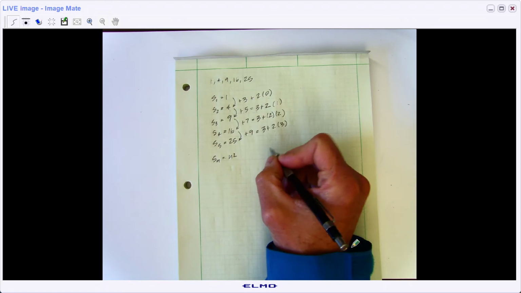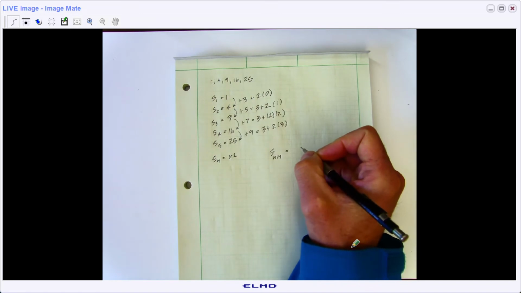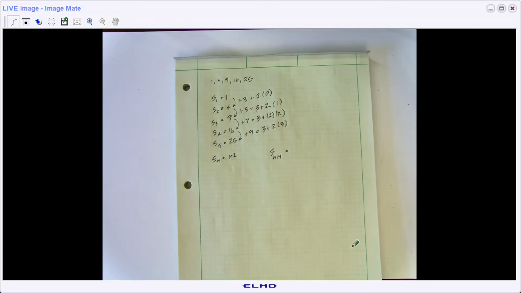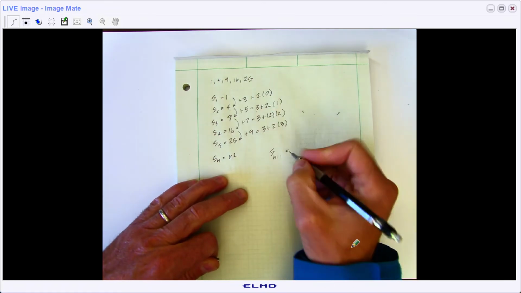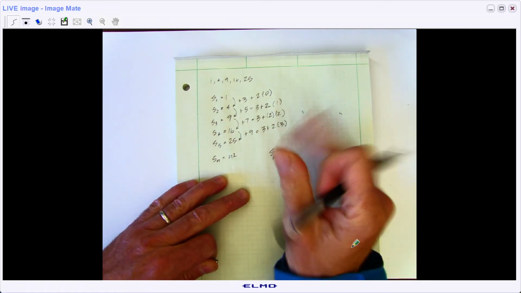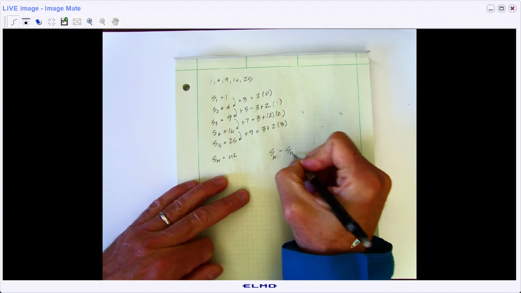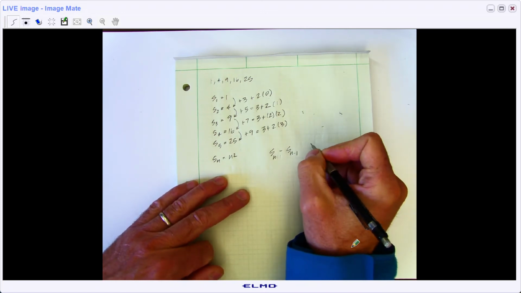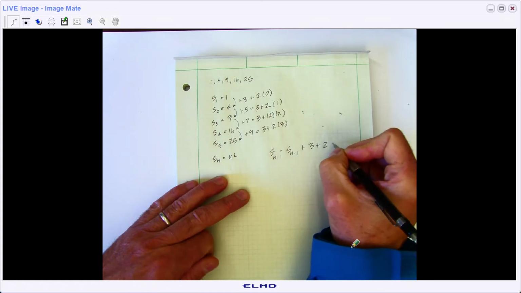So that means to get to S n plus 1, actually the way the book usually does it is to S n, but you can do it either way. To get to S n, I need to take S of n minus 1 and add to it 3 plus 2 times something, right?